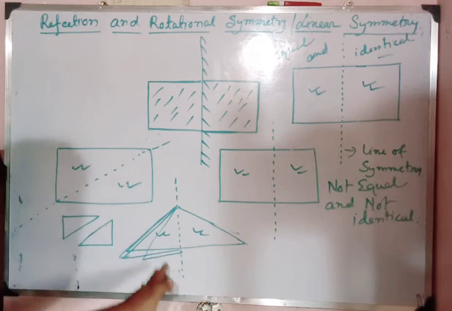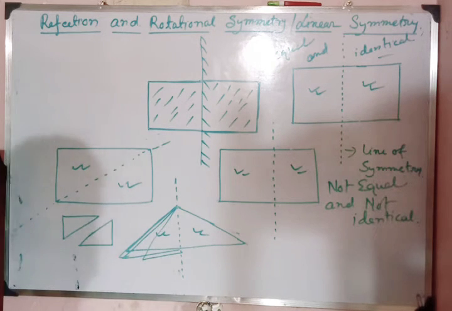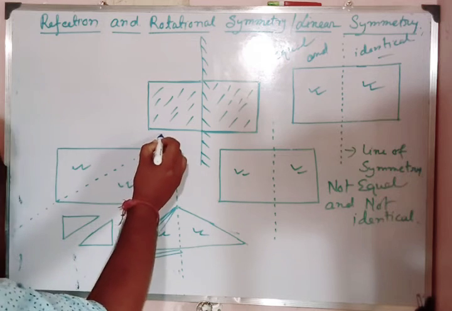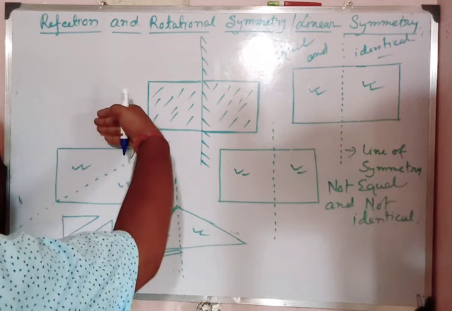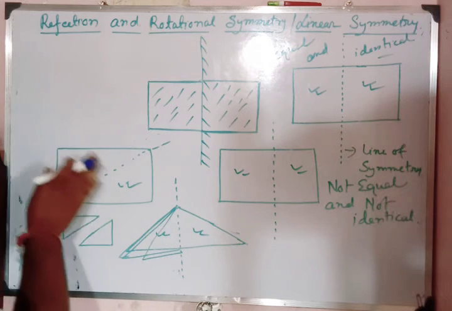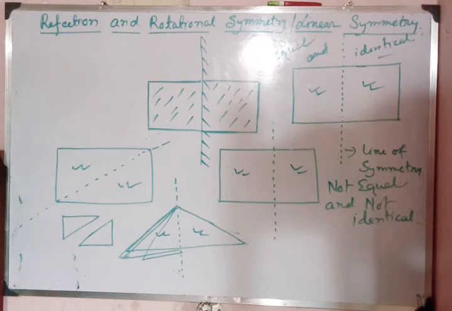But here, if we cut this figure along the line and overlap it, we see that the parts do not overlap each other. So this is not a line of symmetry. Understood?